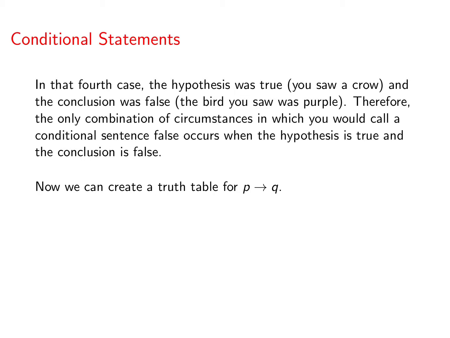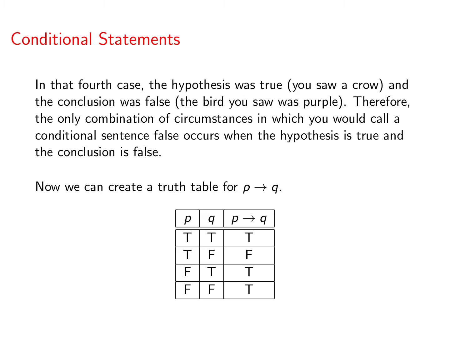So based on that, let's create a truth table for P arrow Q. It looks like this. Notice that the only time we end up with a false result is when the hypothesis is true and the conclusion is false. Otherwise, all the other times we get a true result.